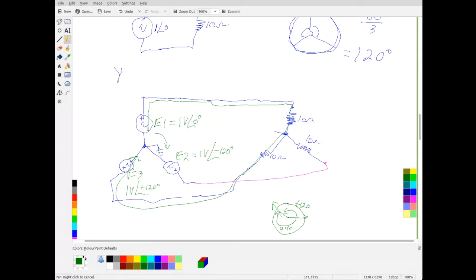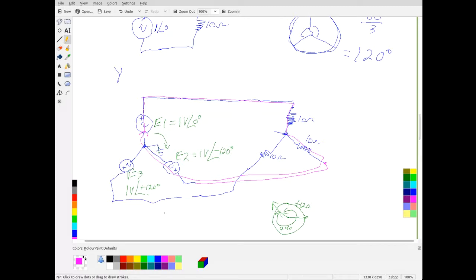You can pick any loop you want here, it doesn't matter which loop you choose. You go around here and you return, right? You've gone around the loop.